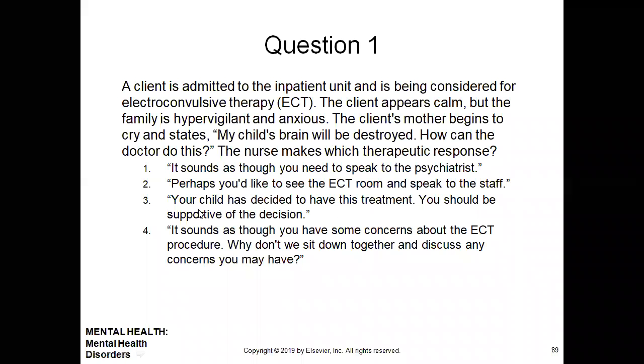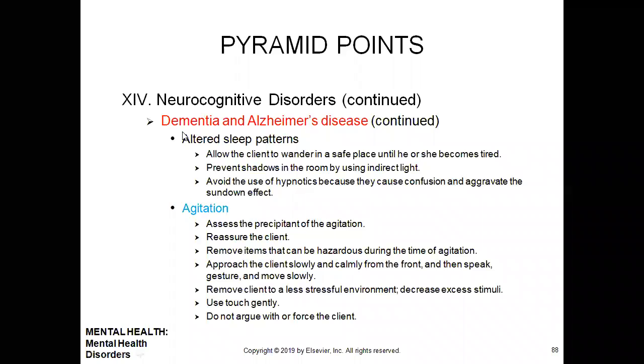This is important to point out here. For altered sleep pattern, allow the client to wander in a safe place, prevent shadows in the room by using indirect light, avoid the use of hypnotics because they cause confusion and aggravate the sundown effect, right?